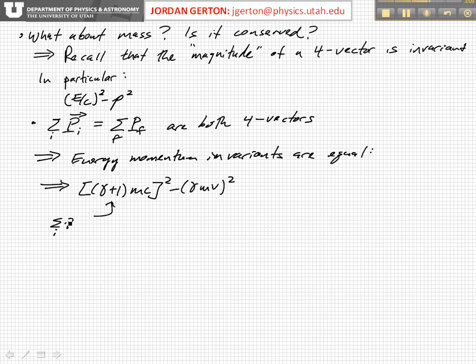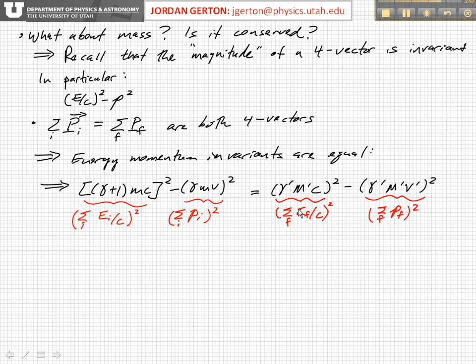Let's call it P0, this is the temporal component of the 4-momentum initially squared, and this is the 3-momentum squared initially. Then this is equal to gamma prime m prime c squared, the temporal component squared, minus gamma prime m prime v prime squared.